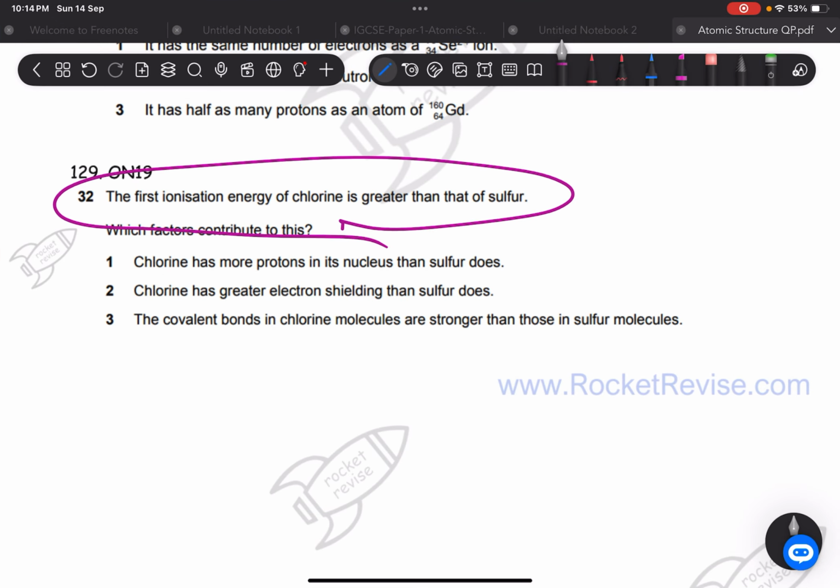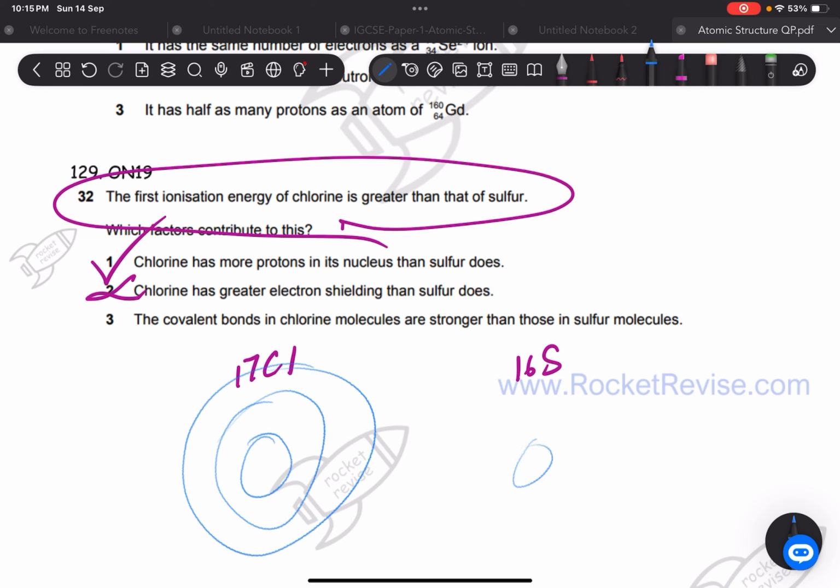Okay, this is a little bit advanced. But still, let's read which factors contribute. Chlorine has more protons in its nucleus than sulfur does. That's 100% correct. Chlorine has a greater electron... No, no, no. Chlorine and sulfur both have 10 electrons shielding their valence shell, because chlorine is 17 and sulfur is 16. If you draw it for chlorine, the first shell, the second shell, and the third shell.